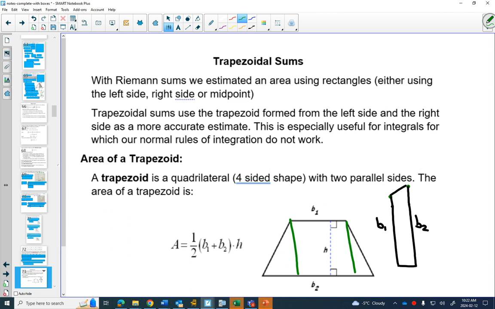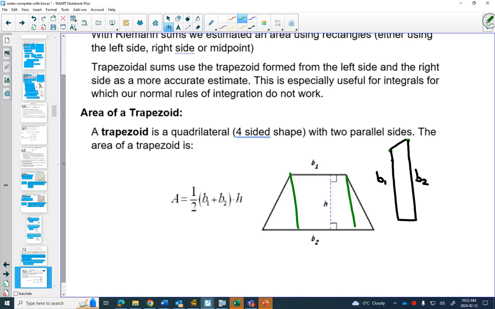And you know the area of a triangle is base times height divided by 2. So if we did the area of this trapezoid by breaking it up into shapes, this triangle would be base times height divided by 2. This triangle would be base times height divided by 2.